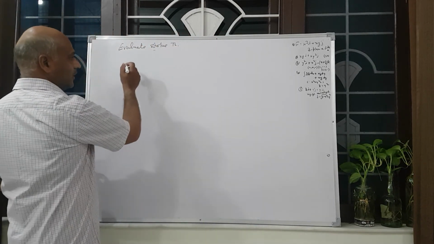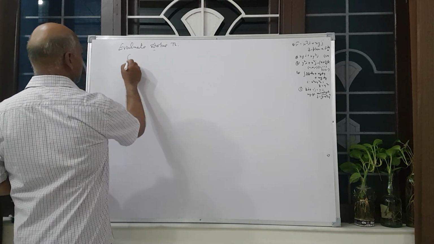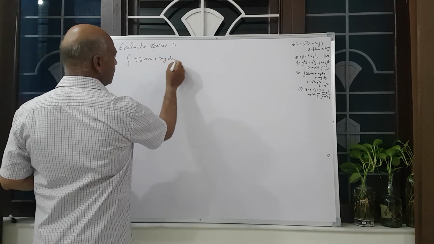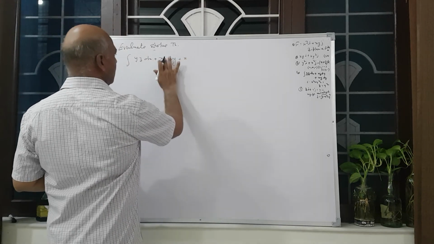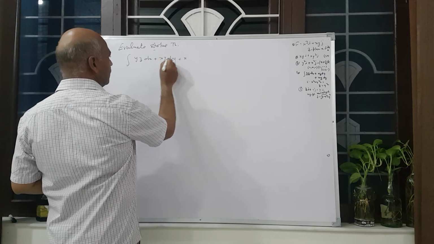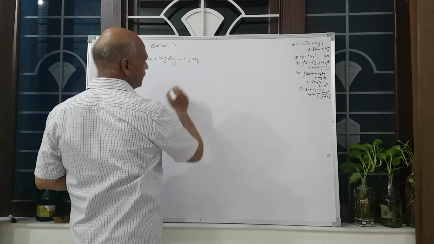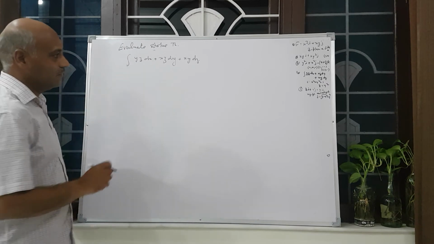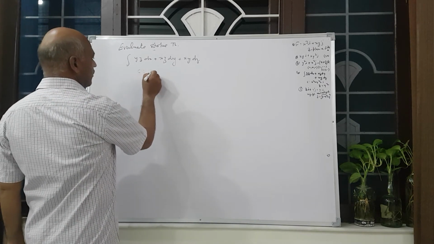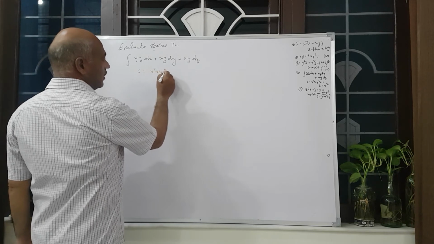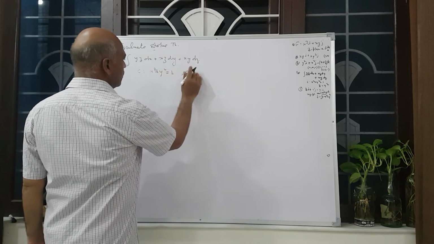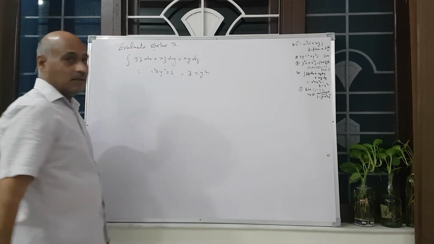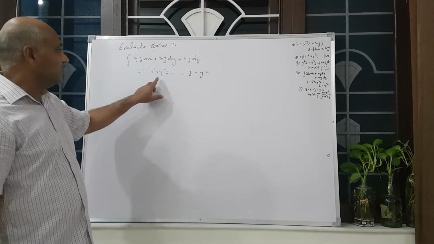Now suppose we have to find this integral: y z dx plus x z dy plus x y dz. This is f dot dr, where C is the unit circle x square plus y square equal to 1 and z is equal to y square. So the closed curve is surrounded by this circle.